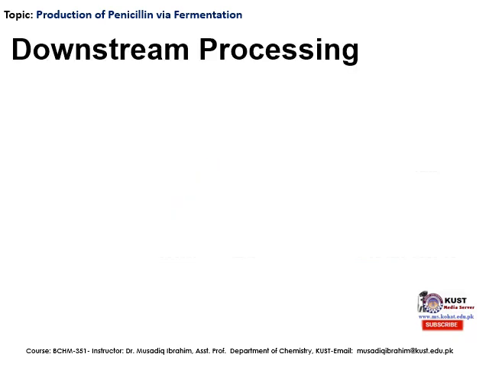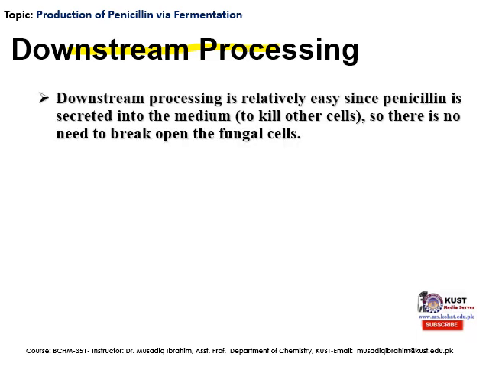Now, the downstream processing. Downstream processing is a relatively easy task since penicillin is secreted into the medium to kill other cells, so there is no need to break open the fungal cells.